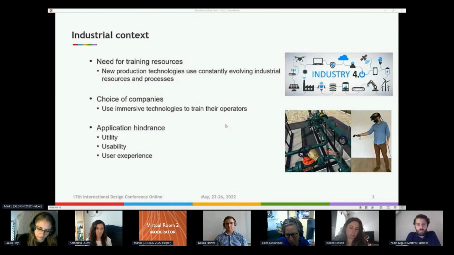The biggest issues related to IT application are the lack of usability, utility, and good user experience. For example, the company Stobli tested applications already existing on the market, but the experience was not conclusive because the applications were not adapted to the constraints of the company and their users.